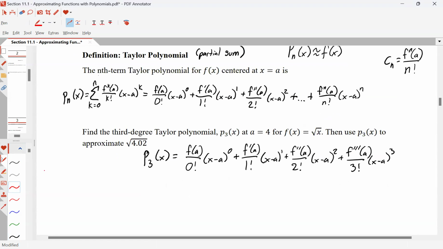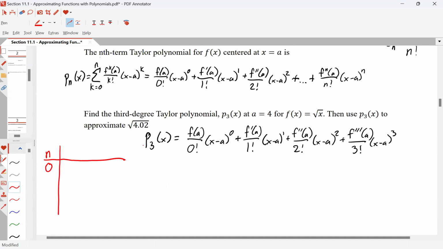So off on the side, I'm going to find these derivatives for the original function: the 0th, first, second, and third derivatives. So f^(n) of x, and f^(n) at 4 because a equals 4.